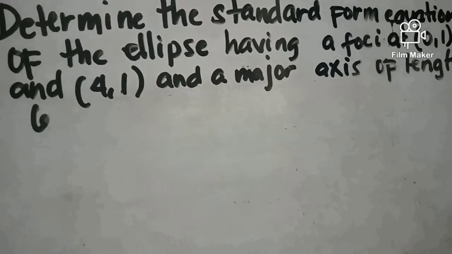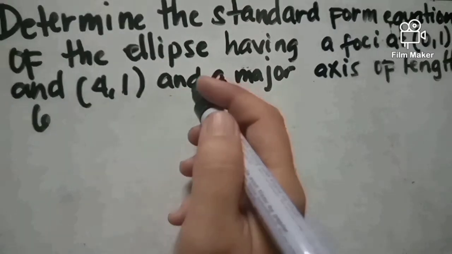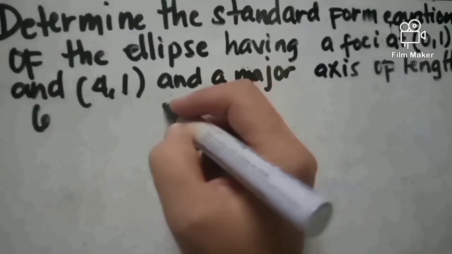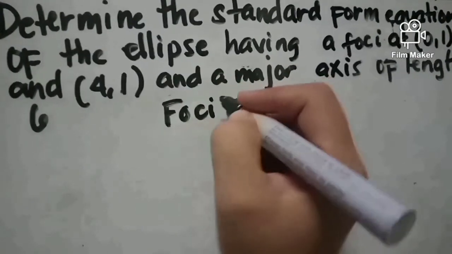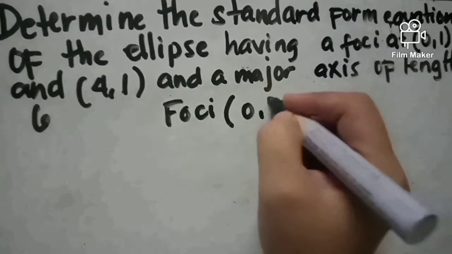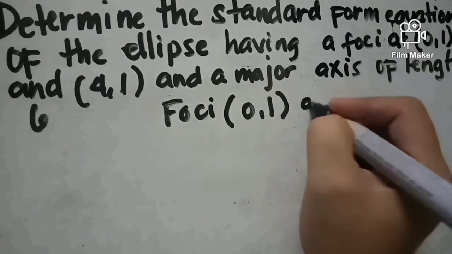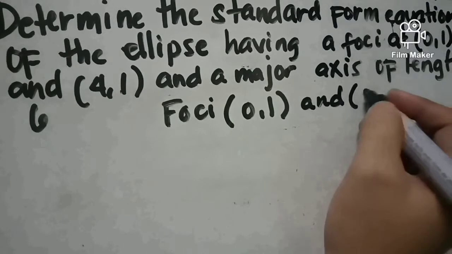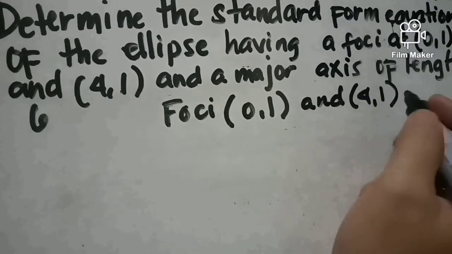So, first step that you will do is write the given. The foci are (0, 1) and (4, 1).